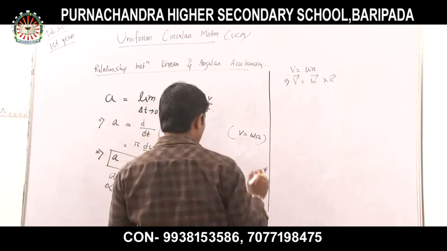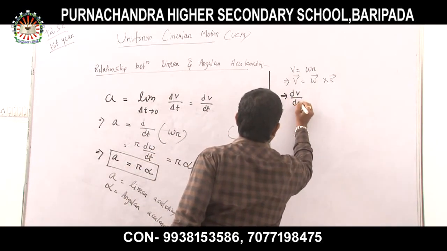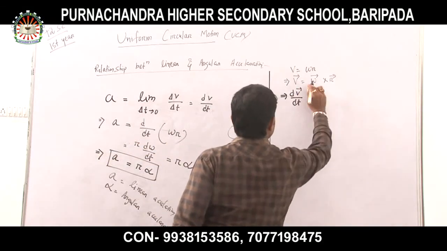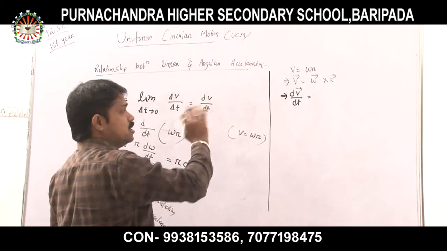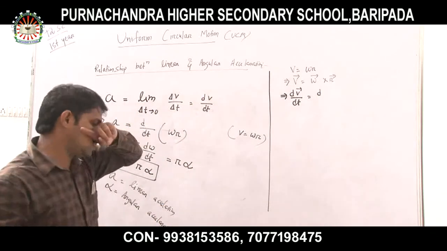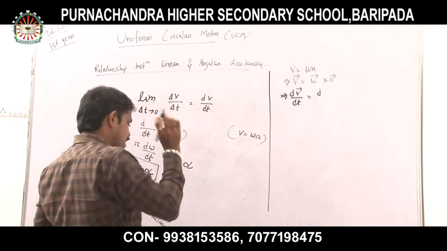Now let us first differentiate both sides. So that is dv by dt, equal to the derivative of the product, using the d by dt of ab formula.